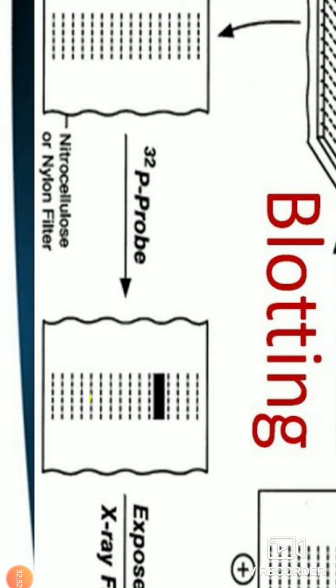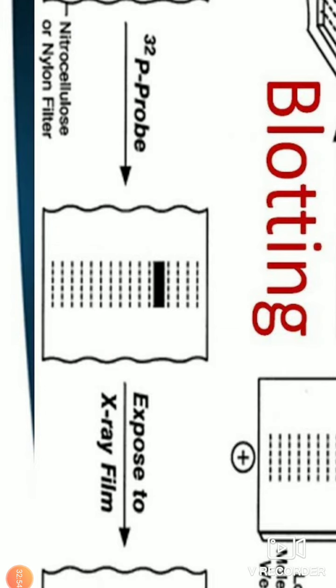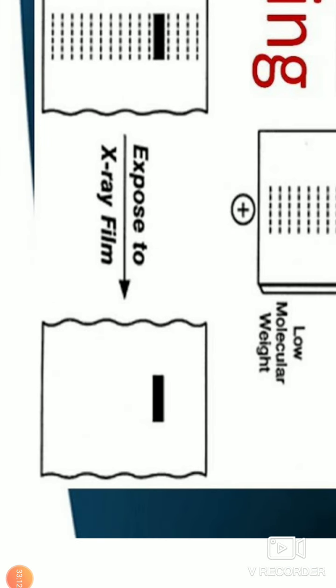P32 is the best because you can just add the probe, remove any unbound probe, and then expose that to the X-ray film, and wherever this probe is binding, the hybridization has happened.